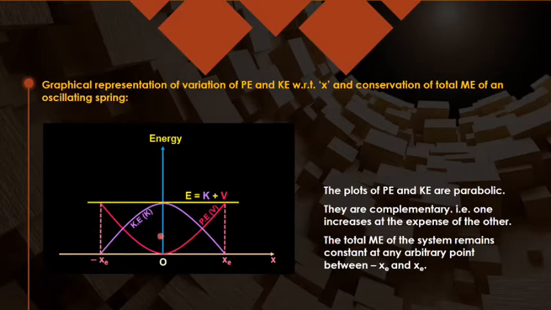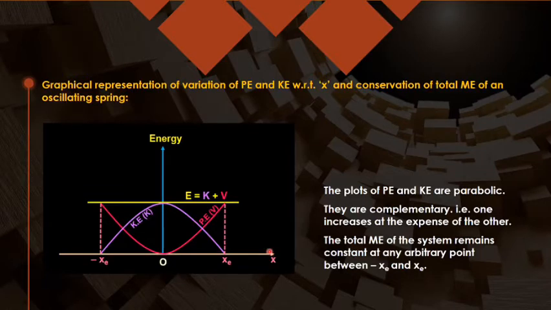Kinetic energy will be maximum at the mean position and minimum at the extreme position. In between, it is partially potential, partially kinetic. You should be able to work out all these things. Graph plotting is also very important.